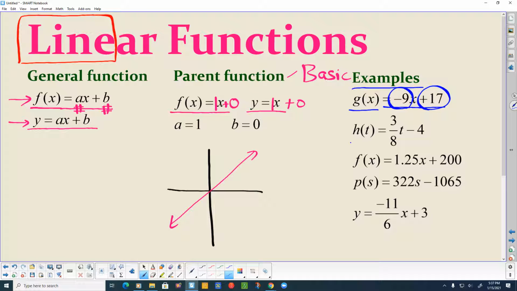Practice saying these. h of t equals 3/8 t minus 4. Here's your a, here's your b. Be able to recognize those. We're going to do a lot with them in about 4 weeks. And I'll pick one more: y equals negative 11/6 x plus 3. Here's your a, here's your b, the plus 3.